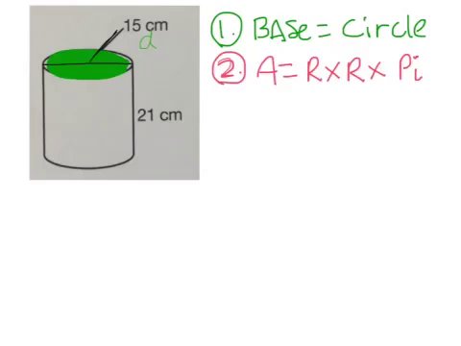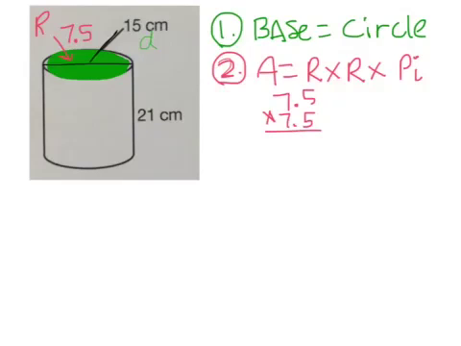When you look at this picture, this amount that's given to you right here is all the way across the circle. That is called the diameter. But we only need a radius. So you want half of 15. The radius would then be 7.5. So to find the area of the base, I'm going to do 7.5 times 7.5.